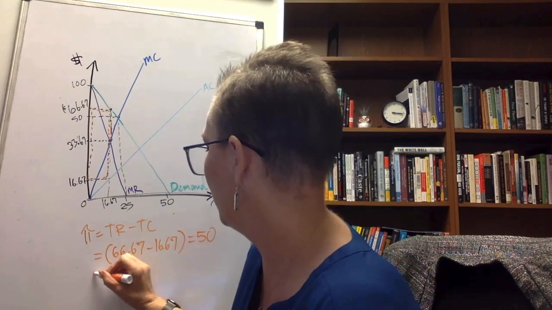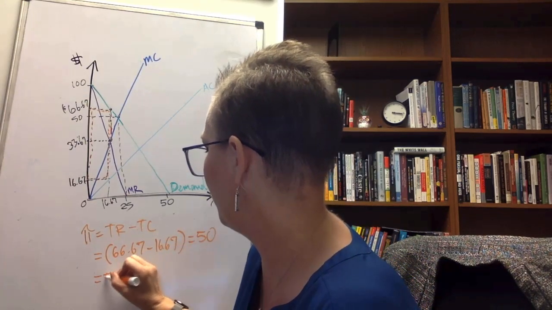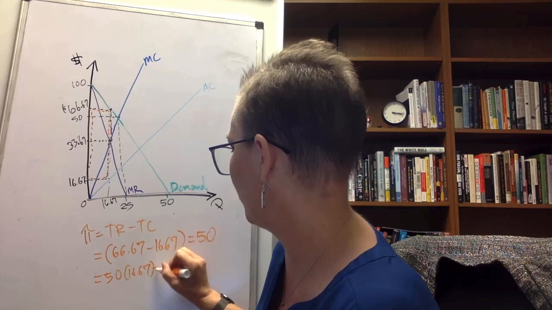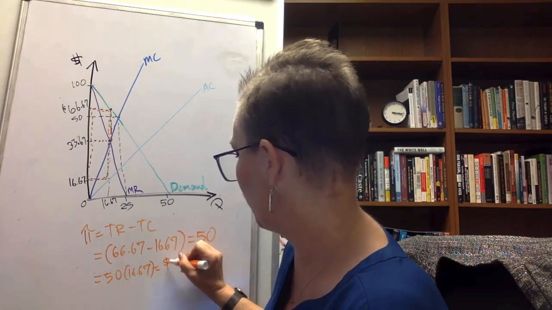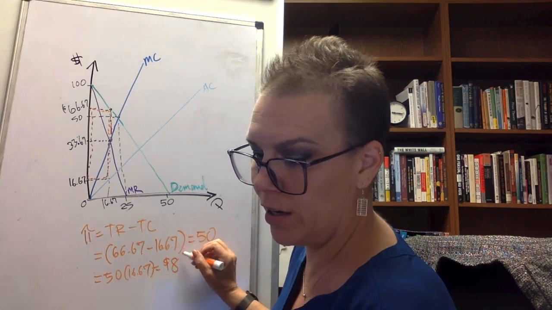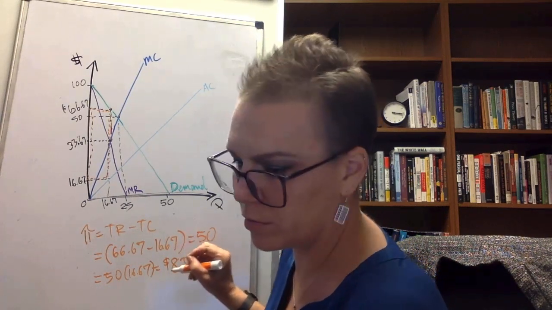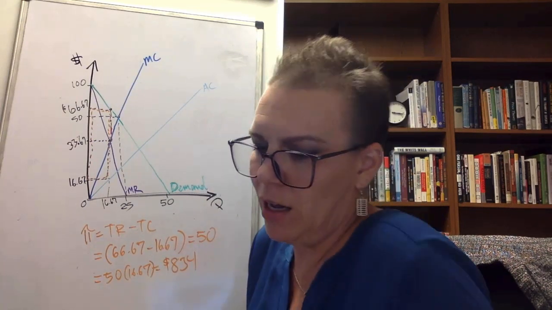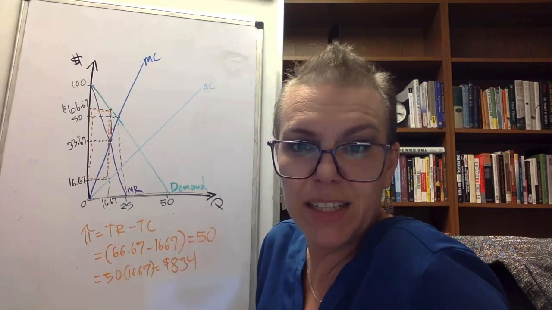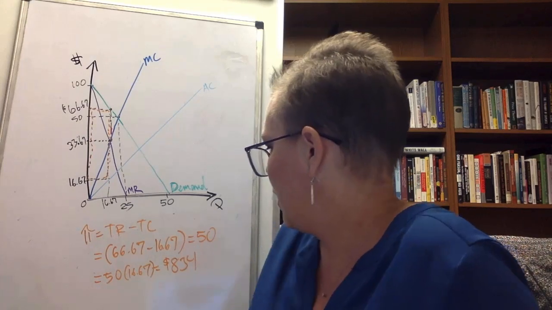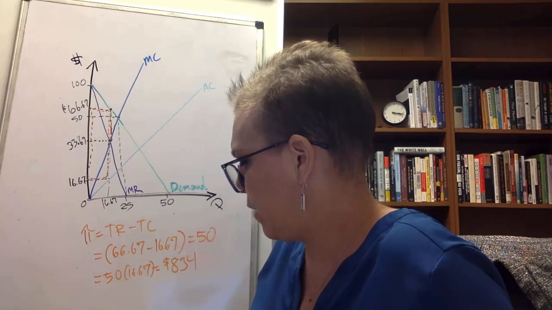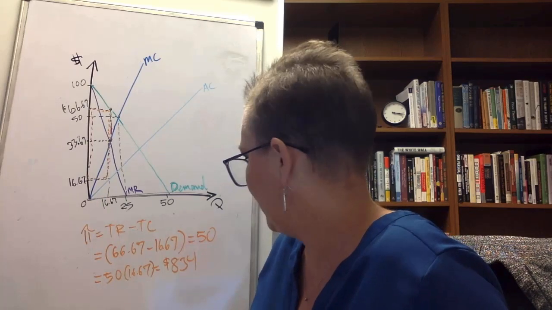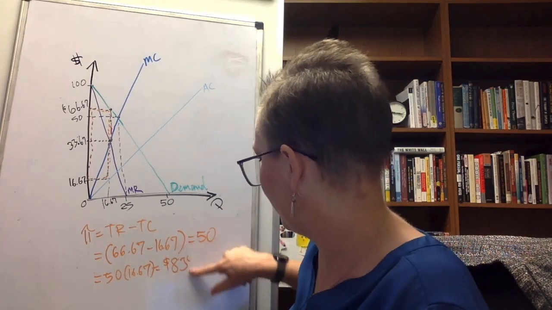And then 50 times Q, which is 16.67, gives me total profits of, drum roll please, $834. And some change, depending on how you round it. Does that make sense? I think if I rounded it differently in my example, 50 times 16.67 equals, I got 833.5. Close enough.